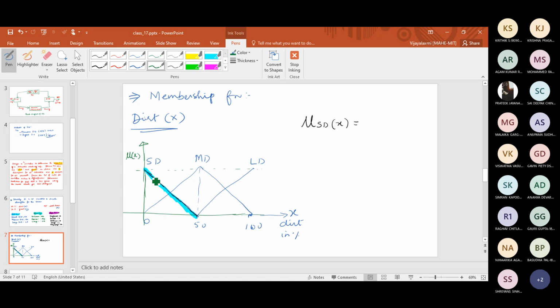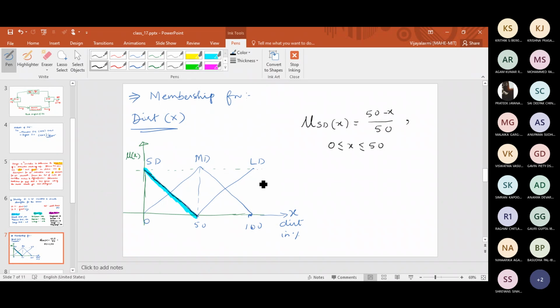So I'll write the equation for the membership function mu SD, which is equal to 50 minus x divided by 50, in the range if x varies from 0 to 50.